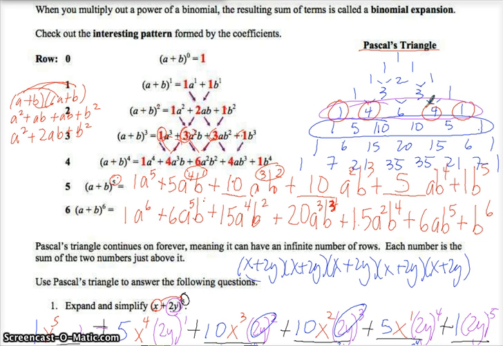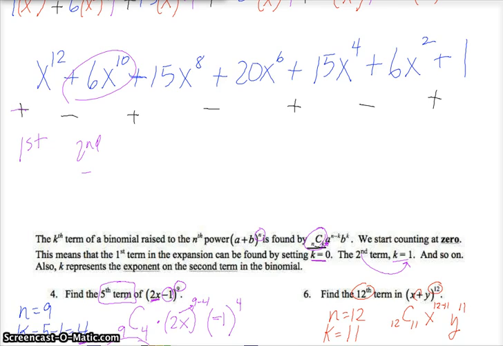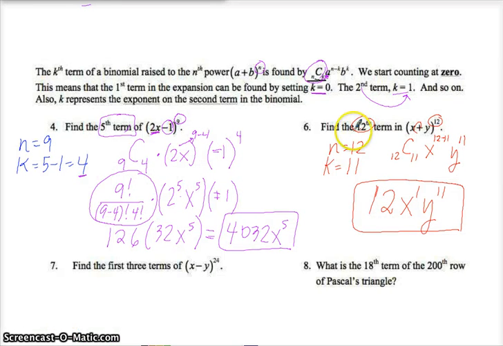If it was to the 4th power, then it's going to be a 4 here. If it's to the 5th power, we have a 5 here and a 5 here with 1 left. So if it's to the 12th power, there are 13 terms altogether, and the term right before the end is going to have that same exponent as here, and then it's x to the 1st power y to the 11th, because the final term would just be y to the 12th power. Right?